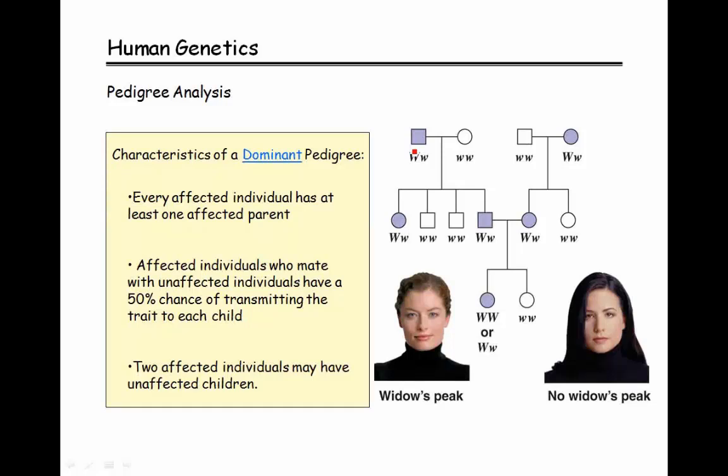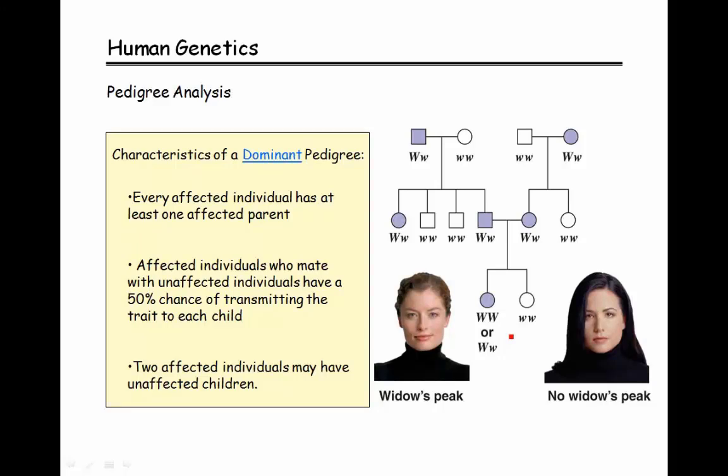Another characteristic that we can see when we're looking at a dominant pedigree is that it's possible for two parents to both be colored in, and now suddenly there is a child that is not colored in. That is very similar to our example where we had the 2 purple flowers that were occasionally producing some white offspring.